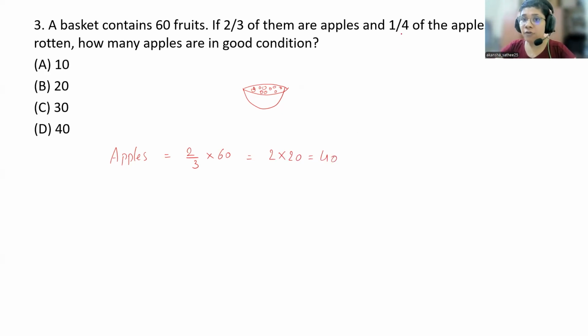And 1 by 4 of the apples are rotten. So you have a total of 40 apples, but 1/4 of them are rotten. So how many apples are in good condition? First, you have to compute the rotten apples, and then you have to subtract to get the good ones.